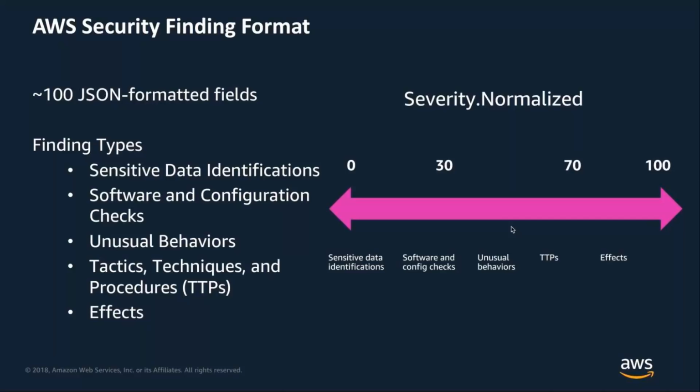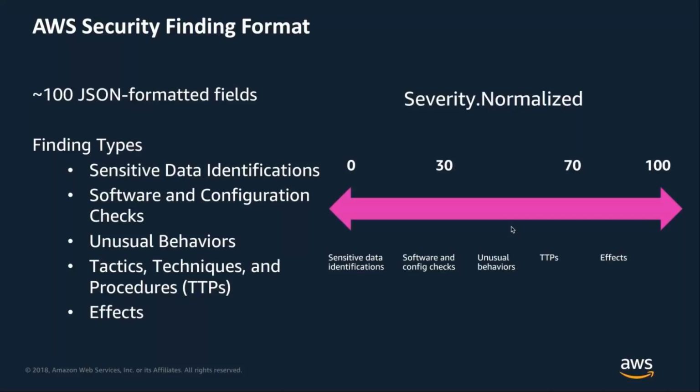Generally speaking, you can think about this through the lens of the cyber kill chain or cyber attack model. Things further to the left of a kill chain are going to have lower severity scores. Things further to the right will have higher severity scores. Things like sensitive data identifications or vulnerability scans will be on the lower end, the left-hand end, because those reflect findings that are associated with things that have not happened yet.